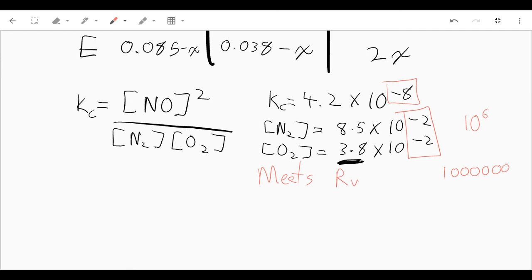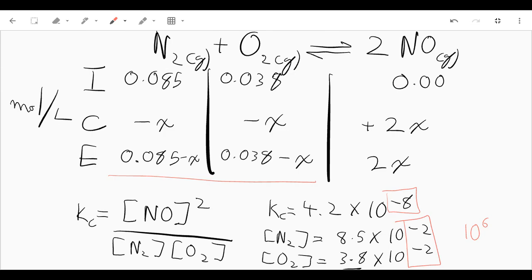What does that mean for us? Well, what that means is we can change these two numbers right here. Instead of saying it's going to be 0.085 minus x, because this meets the rule of 1,000, we can round it to 0.085 and 0.038.